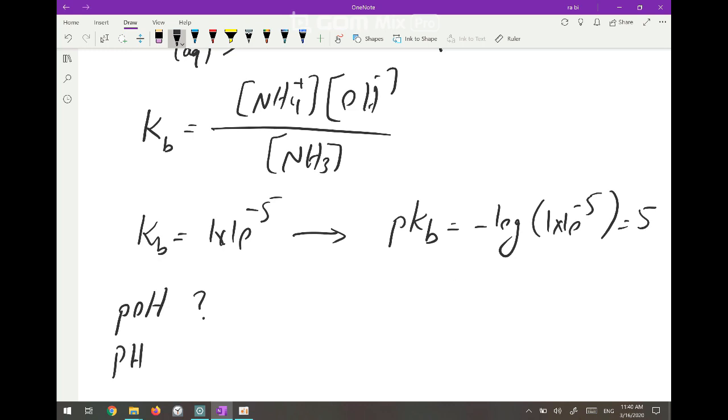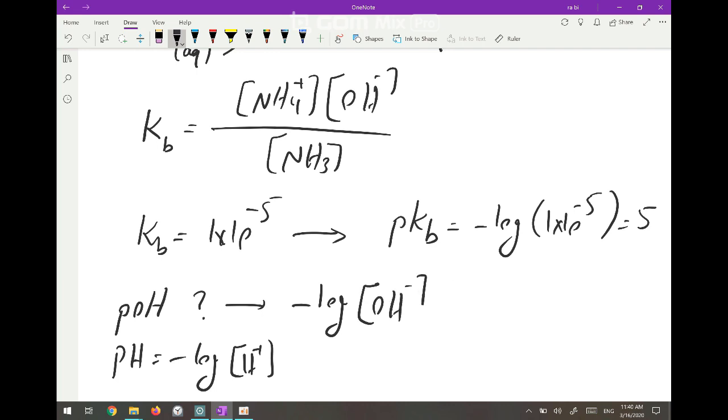Same as the pH, which was negative logarithm concentration of the H plus, pOH is negative logarithm concentration of the OH minus. Okay, so it's exactly the same as the pH, but here we are finding the negative logarithm of the OH minus.